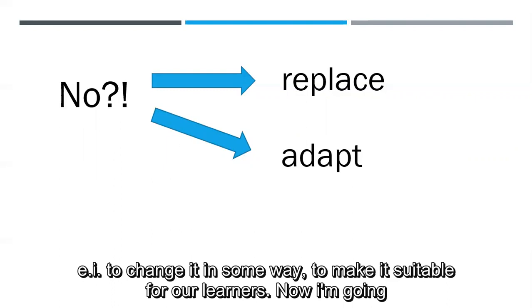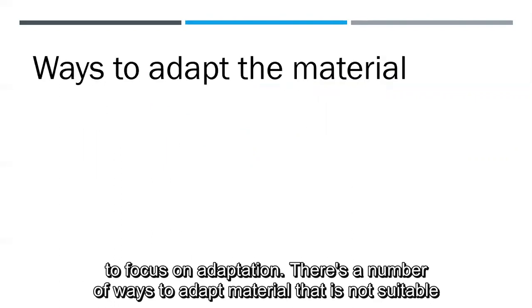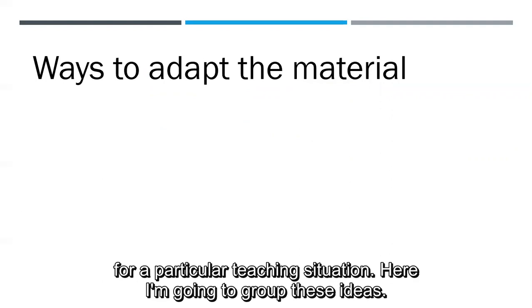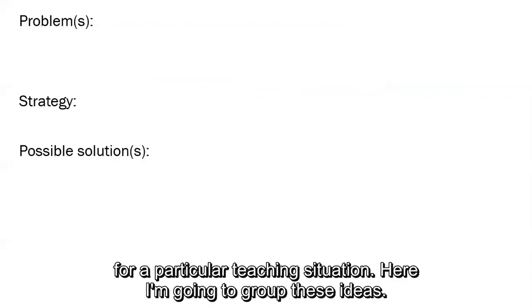Okay, and now I'm going to focus on adaptation. So there are a number of ways to adapt material that is not suitable for a particular teaching situation. So here I'm going to group these ideas.